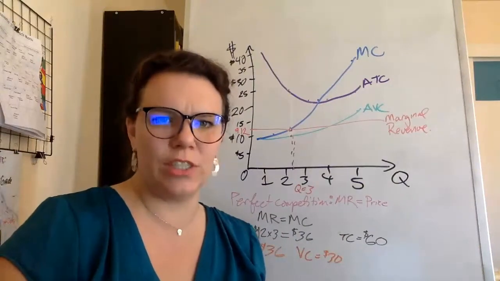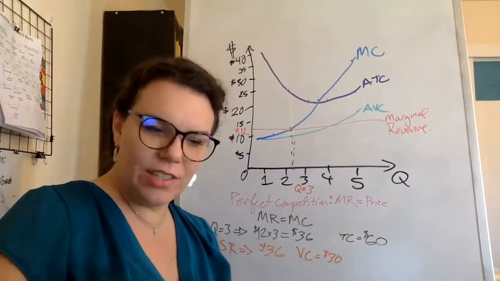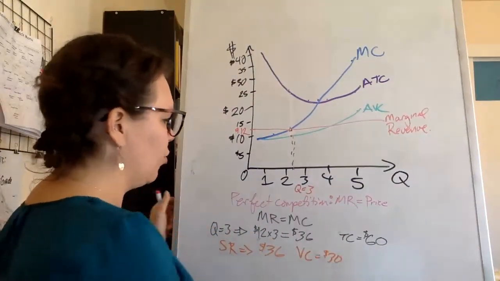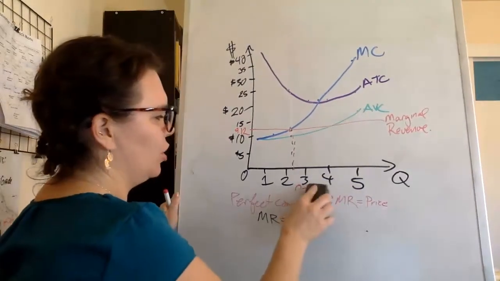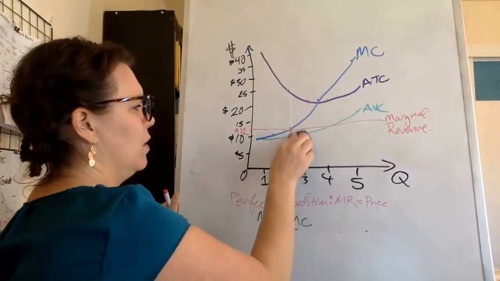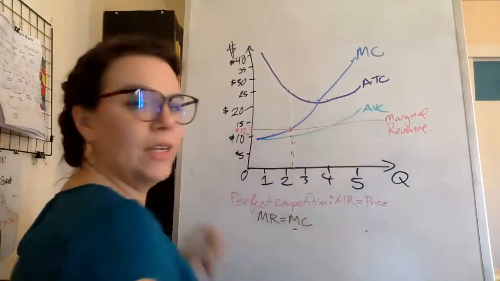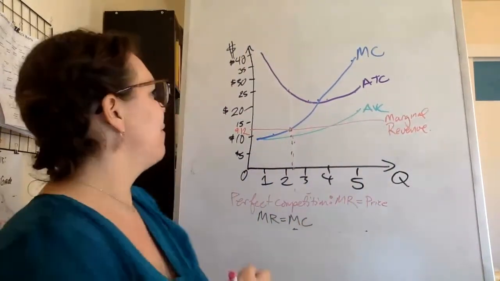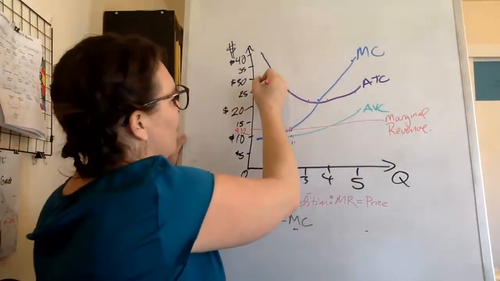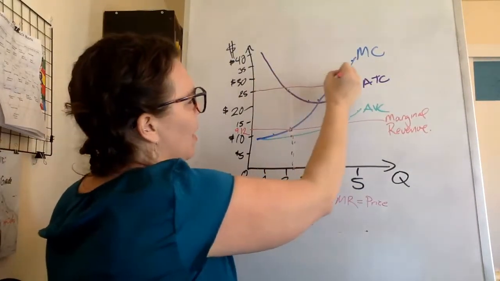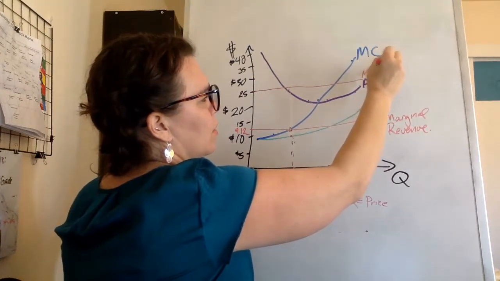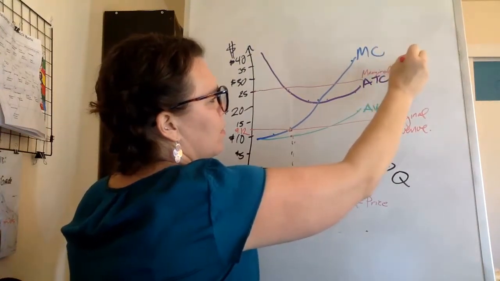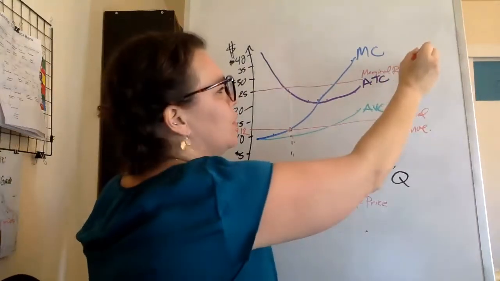What about the next question? The next question says, well, that's all fine and well, that $12 price, but what if the price is actually not $12, but $25? If the price is $25, now we have a new marginal revenue curve for number 2.